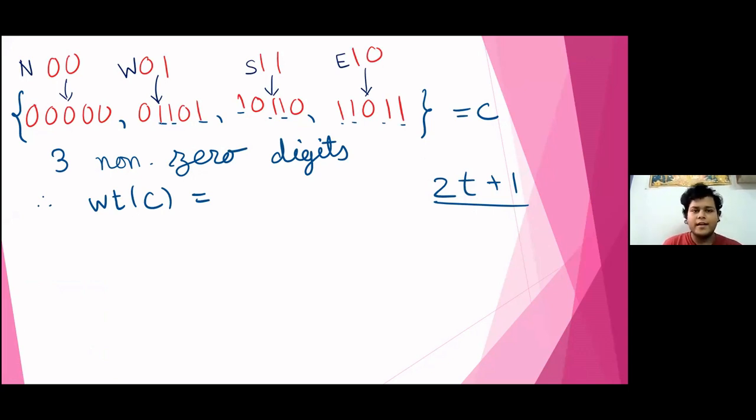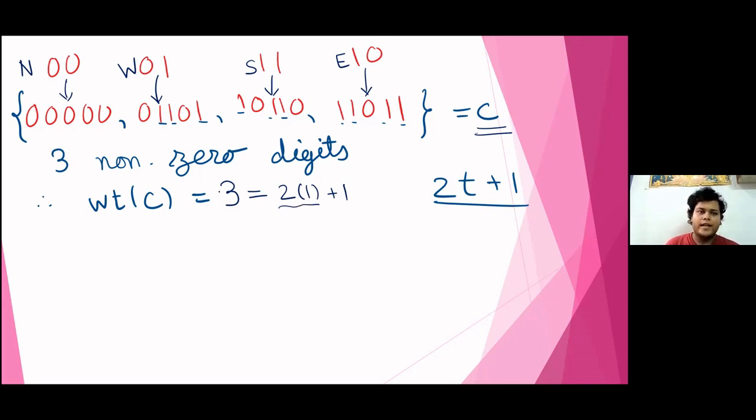Now observe that there are at least 3 non-zero digits in each of these codes. So the weight of this code will be how much? It will be 3. And by using this 2t plus 1 thing, we can write this as 2 times 1 plus 1. So this code C can correct a single error, or it can detect at most 2 errors.